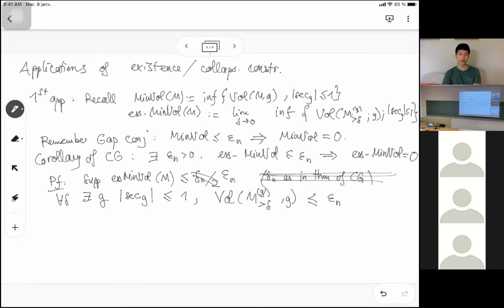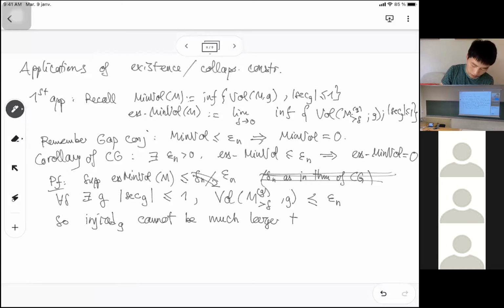In fact, that means that the injectivity radius of this metric cannot be too big compared to the delta that you chose. So everywhere, the injectivity radius of G cannot be much larger than delta. But now, if you choose delta to be comparable to the delta n in Cheeger-Gromov, that means that the injectivity radius of this metric G is small everywhere.